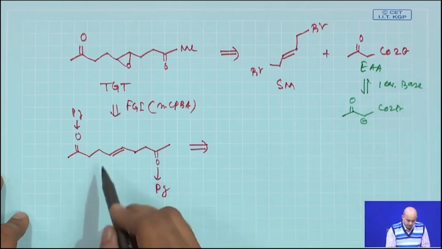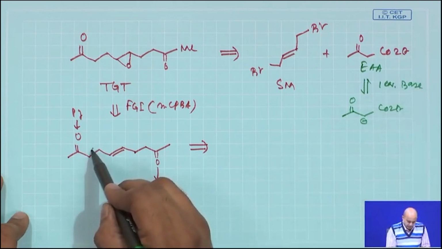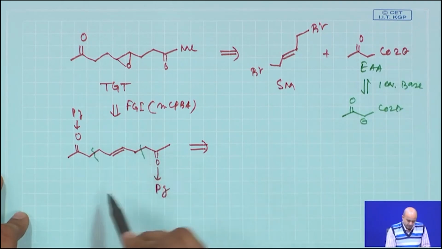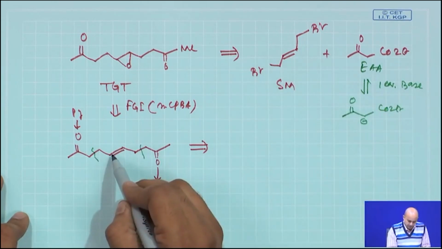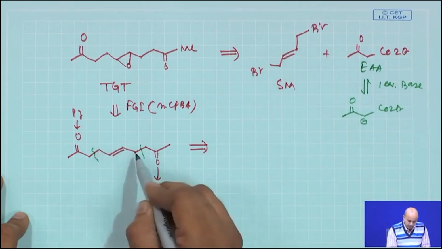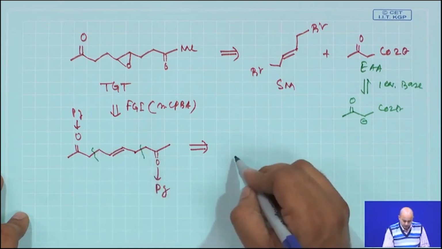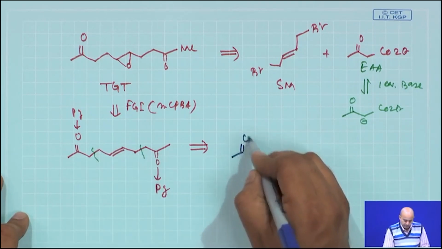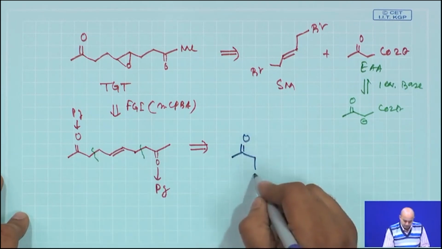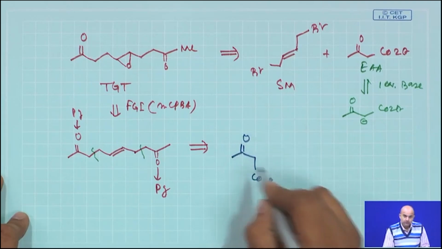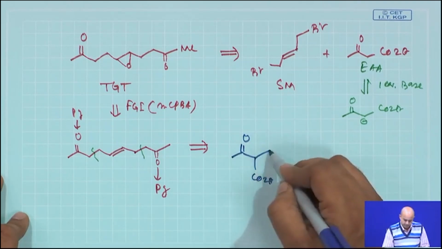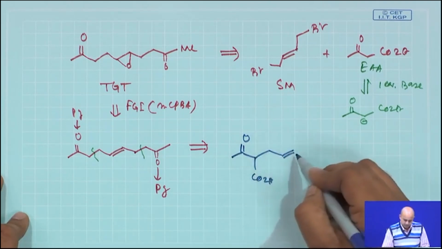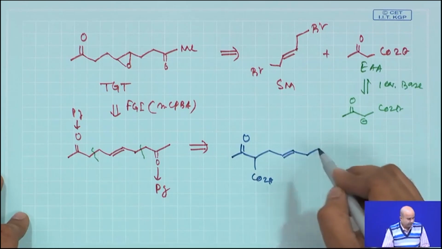Now, we will formulate that this part and this part is your starting material, the double bond CH2X, CH2X. So, what we are visualizing is that we put this CO2Et here and then we do the disconnection.